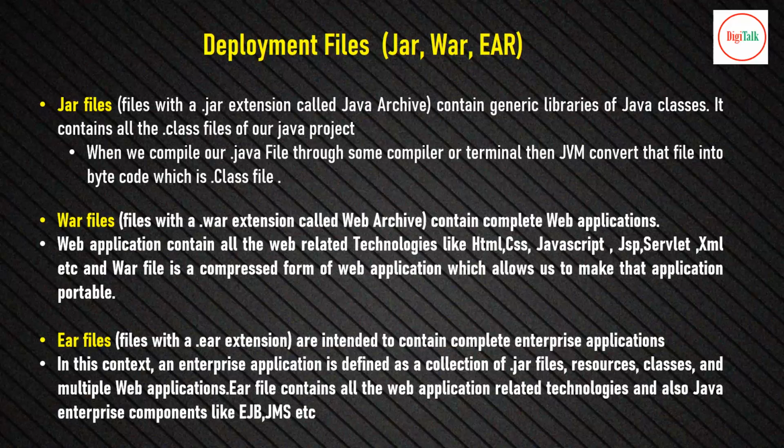That means you have an enterprise application. So you have to combine all of your enterprise code in a single file that is called an EAR file. So you can say EAR is a combination of JAR, WAR, and your enterprise application code. That means whenever we create the EAR file, we pack our WAR and JAR files inside the EAR file along with some other advanced code.